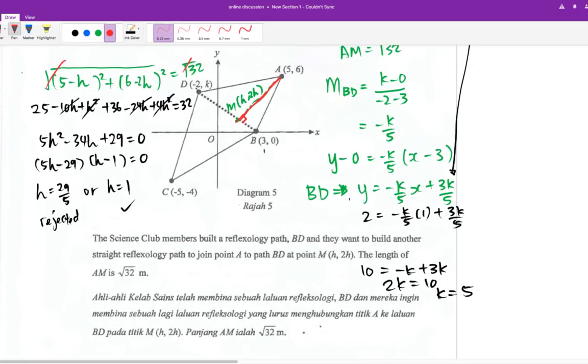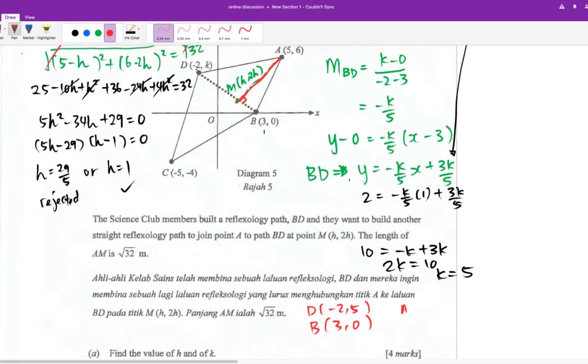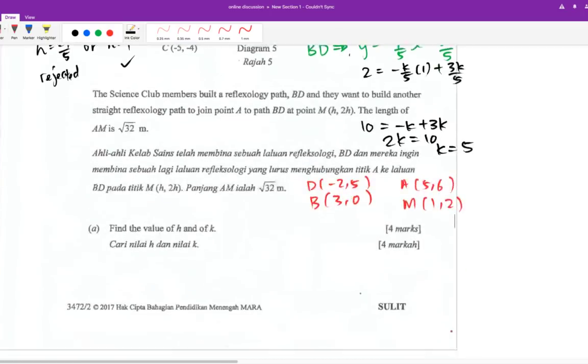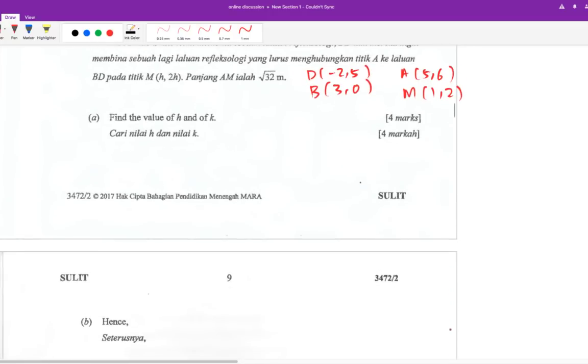So coordinate D basically is -2, 5. B is basically 3, 0. A is basically 5, 6. And M is basically 1, 2. Alright, so I will find both of their gradients to show in part B. I will find the gradient for BD.